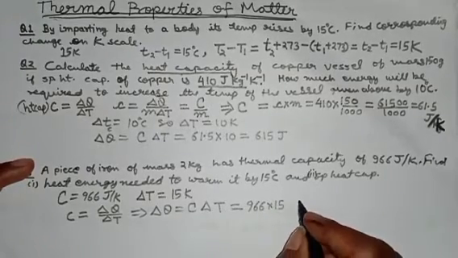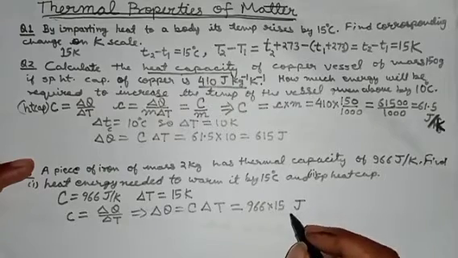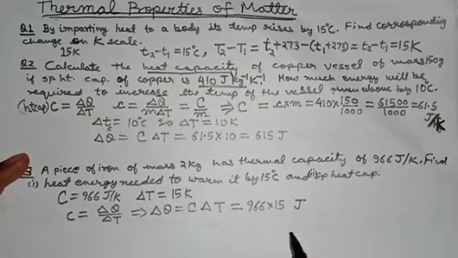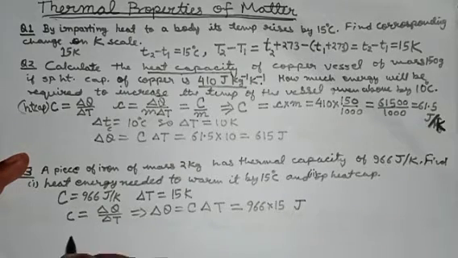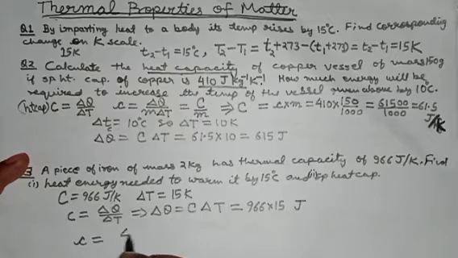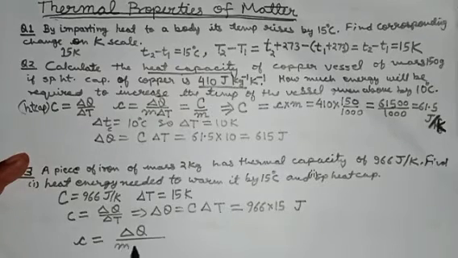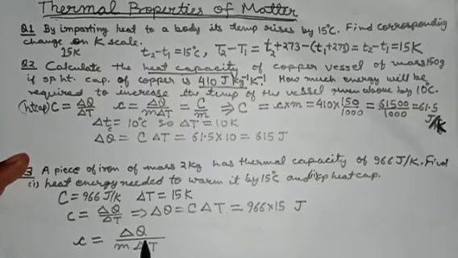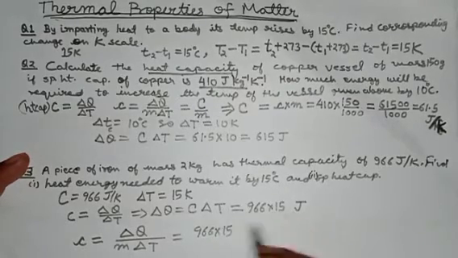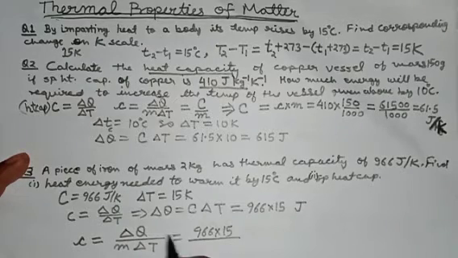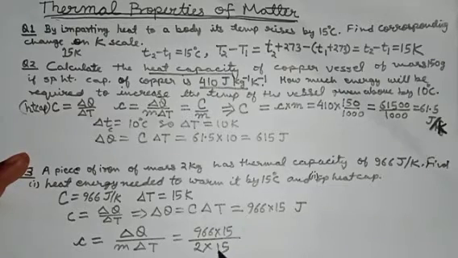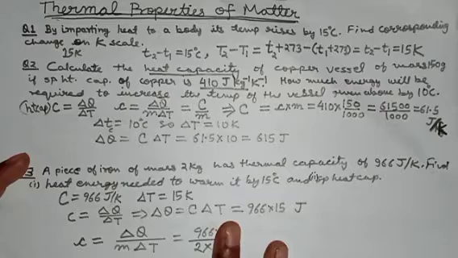The answer will be in joules. I'm not going to calculate it, I'm turning a bit lazy. Later on, find the specific heat capacity. Specific heat capacity is delta Q by M delta T. You can put the values here: Q is the product of these two, mass 2 kg, delta T 15. You can solve it and see it is 966 by 2.